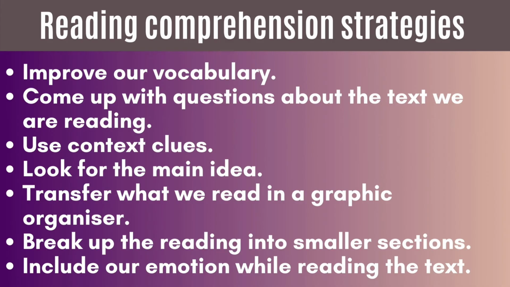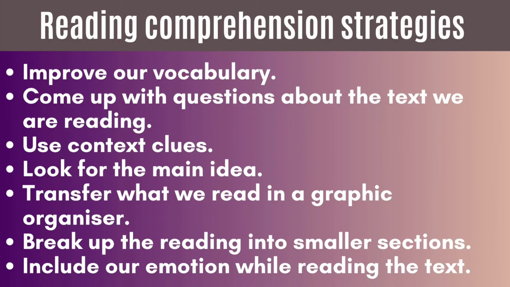Here are some other reading comprehension strategies that we can adopt. First, we can improve our vocabulary. The more words we know, the lesser time we take to understand what we read. Then we come up with questions about the text we are reading.